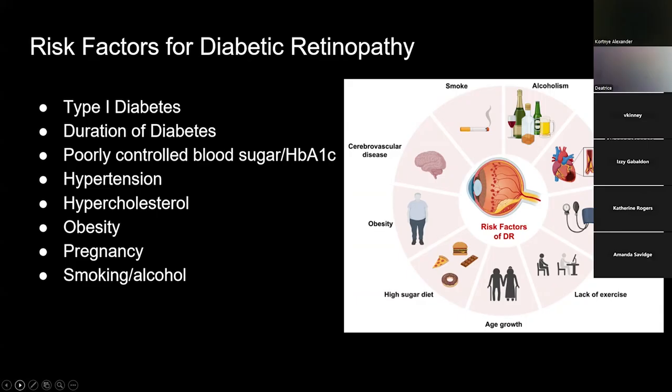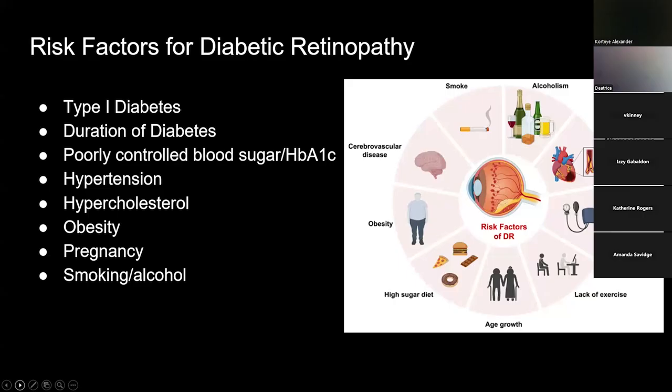One of the main risk factors is actually hypertension. We always say there's a synergistic effect with both hypertension and high blood sugar. Those two work together and give more problems. High cholesterol is also implicated, and obesity, which goes along with the above risk factors. One key factor here is actually pregnancy.